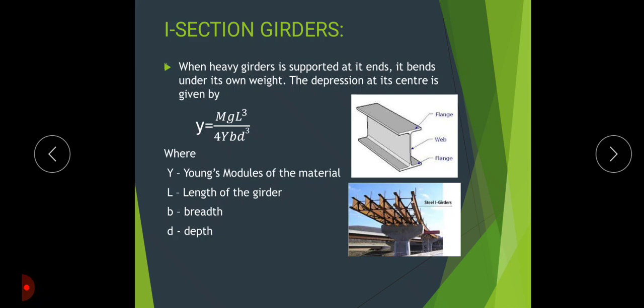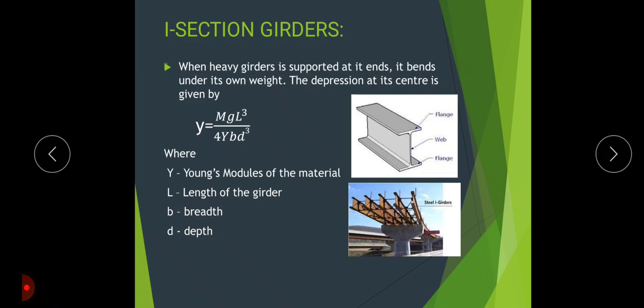The depression at the center is given by the expression y is equal to mg L cubed divided by 4 Y b d cubed, where y is the depression at the center of the I-section girder, capital Y is the Young's modulus of the material, L is the length of the girder, b is the breadth of the girder, and d is the depth of the girder.